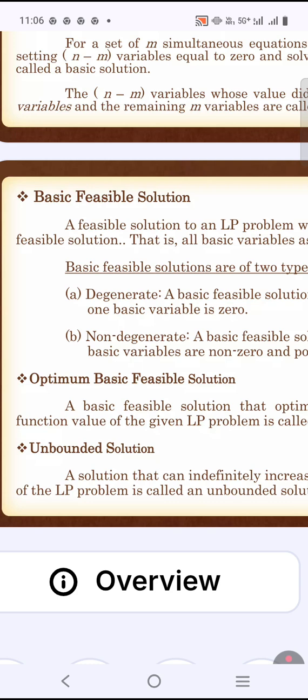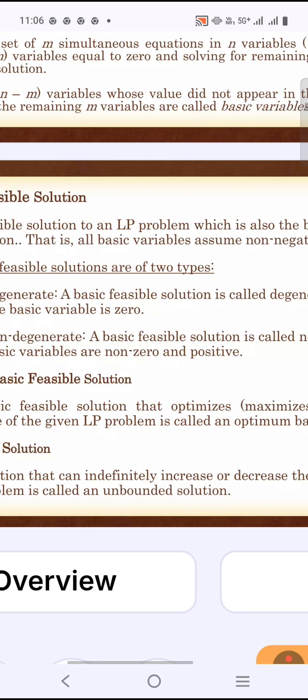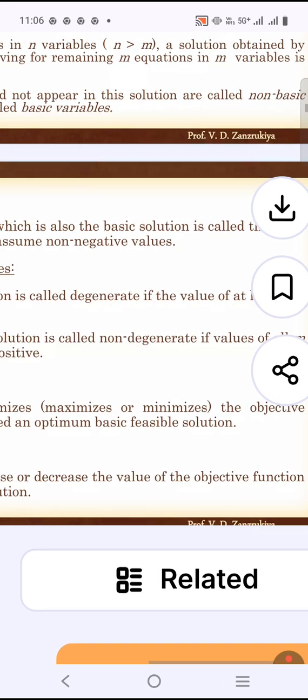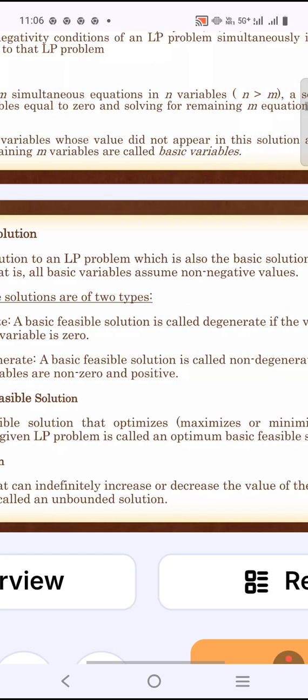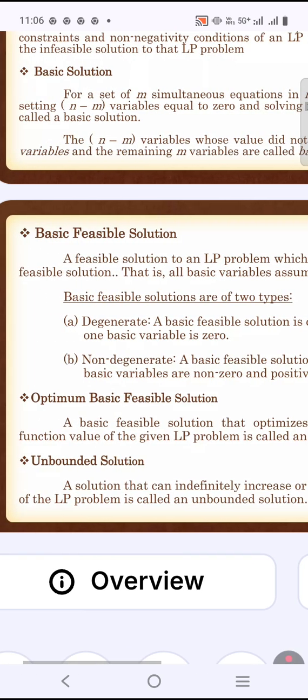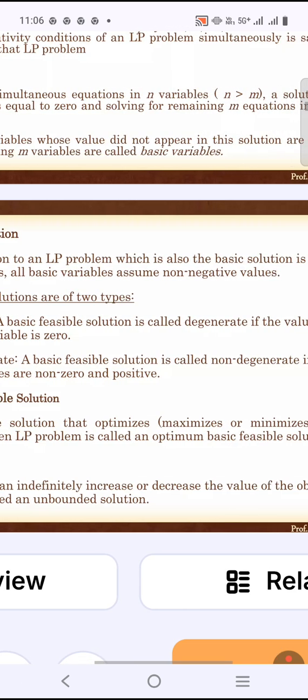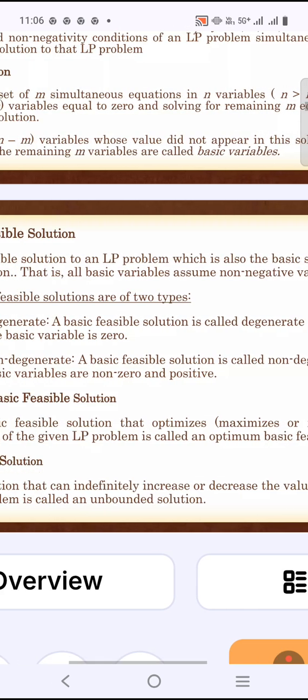Next, basic feasible solution: a feasible solution to a linear programming problem which is also a basic solution is called a basic feasible solution, that is, all basic variables assume non-negative values.